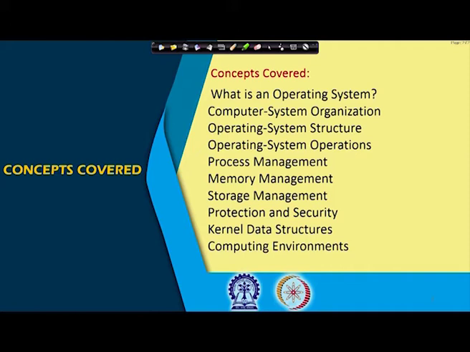And finally, the computing environment: what type of environment is provided to the user becomes an important issue. In this chapter I would like to give an overview of all these concepts, and in subsequent discussions we will take up the topics one by one and discuss each of them in more detail.